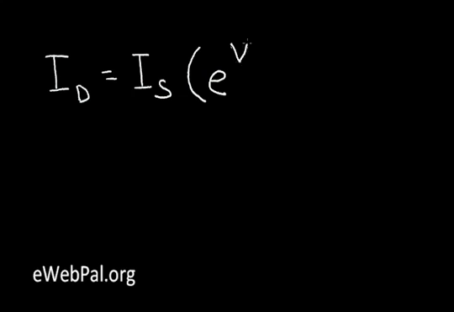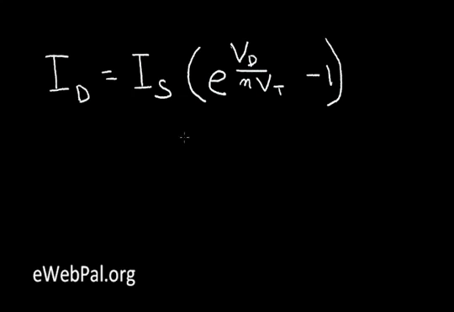If we write an equation for the current in a diode called I sub D, it is equal to a term called the diode saturation current, that I'll call I sub S, and I'll explain this term later. This is times E raised to a power, voltage sub D, which is the voltage across the diode, divided by N V sub T, minus 1.